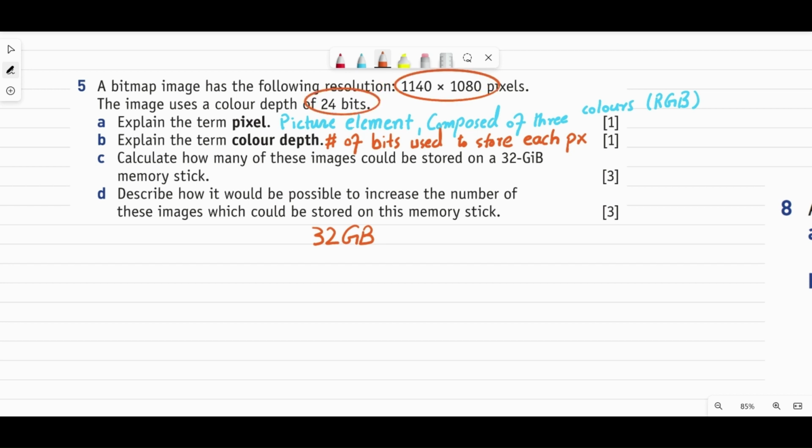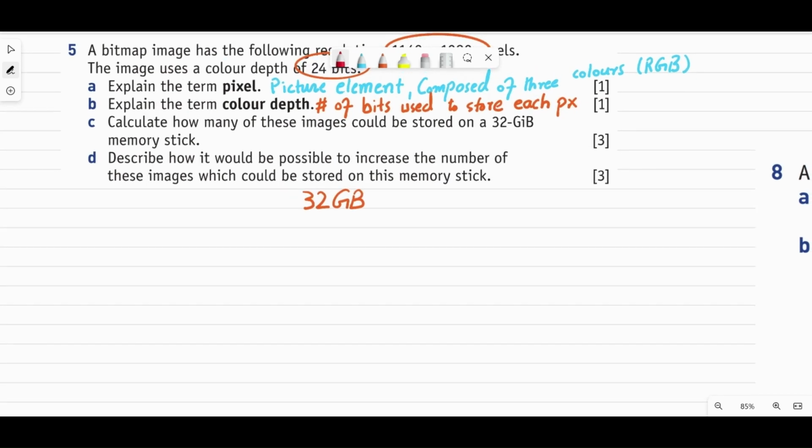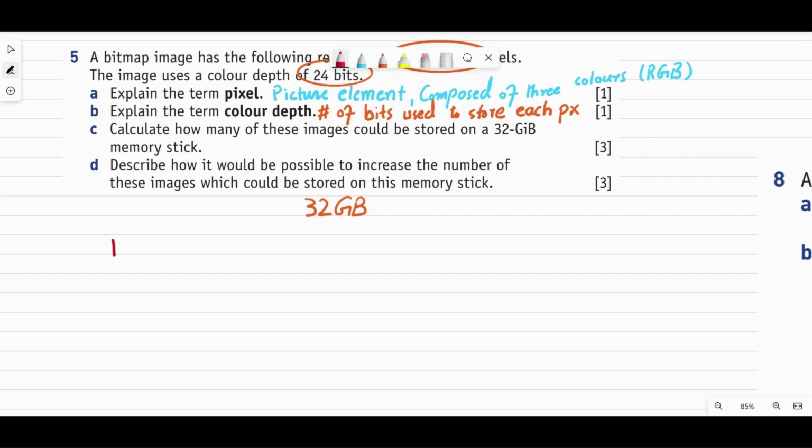So we need to calculate the size of each image. So I'm now gonna look at the main question. A bitmap image has the following resolution: 1140 into 1080 px. The image uses color depth of 24 bits. So again, following those steps, first of all, resolution. Okay, I'm gonna shorten it down.